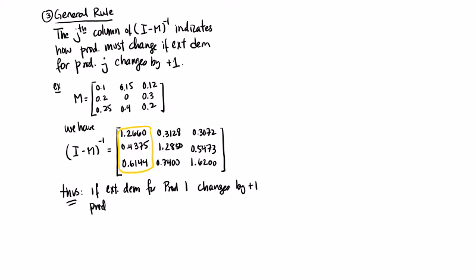So production of product 1 must increase by 1.2660, of product 2 must increase by +0.4375, and for product 3 must increase by +0.6144. This is in order to compensate, in order to create that change.